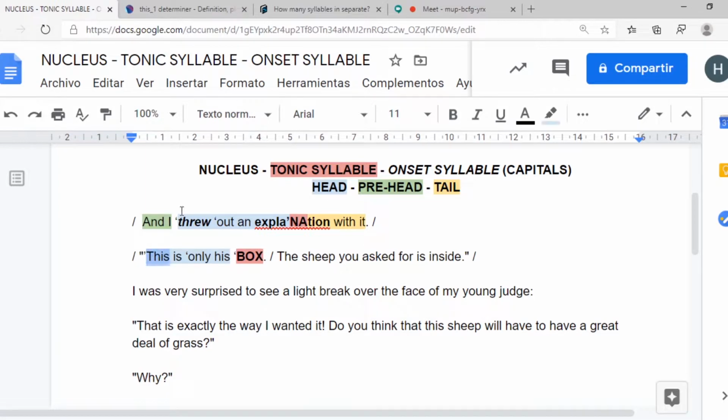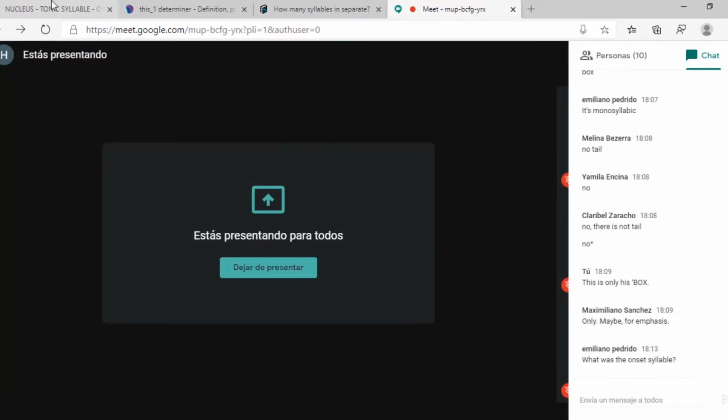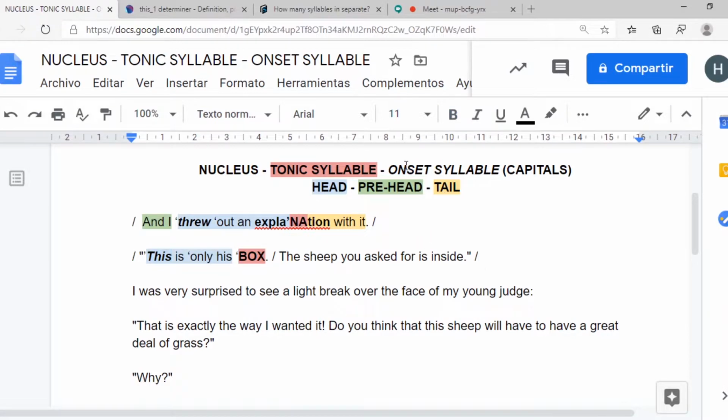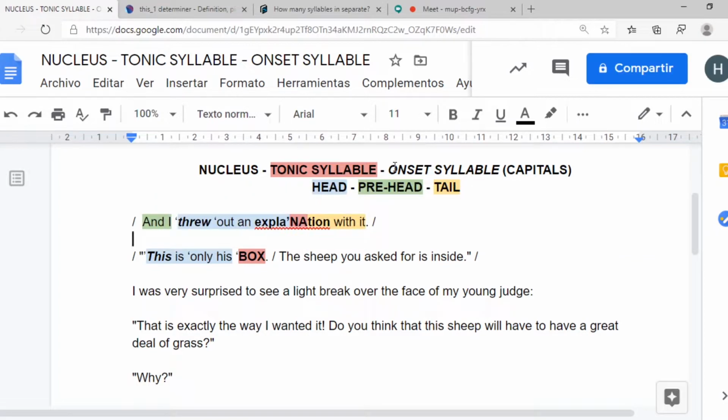And I will mark this in bolds and in italics to mark that this is my onset syllable. Okay? So what is the onset syllable? The onset syllable is the first syllable. For example, if I have an utterance, I can have just one accented syllable, but I can have many stresses within the utterance.